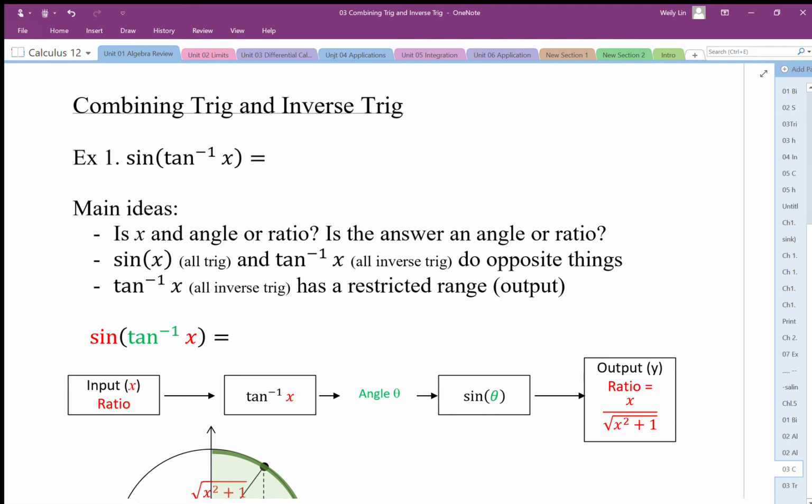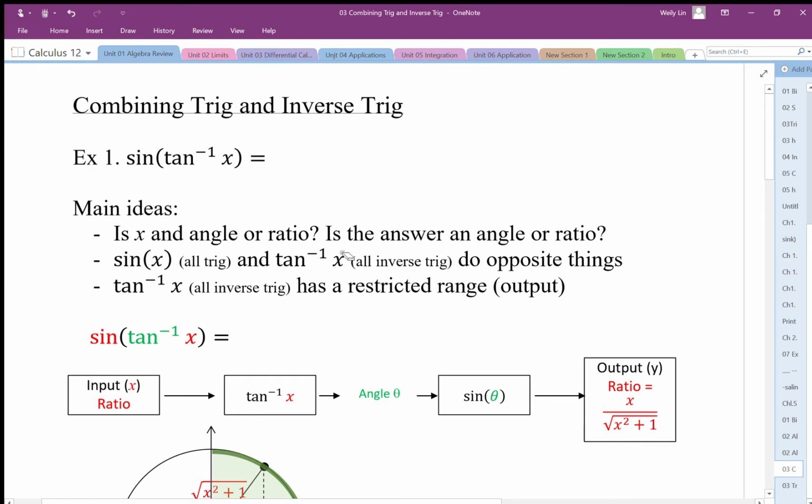We should also be thinking that all trig has an inverse, and all inverses have an inverse as well. So we have these two things, this trig function and the inverse function, and they do opposite things. One's going to give me a ratio, so the x here would be an angle, and I get a ratio.